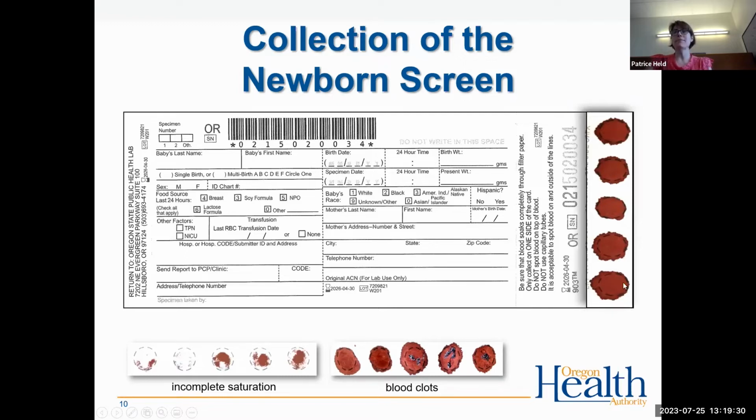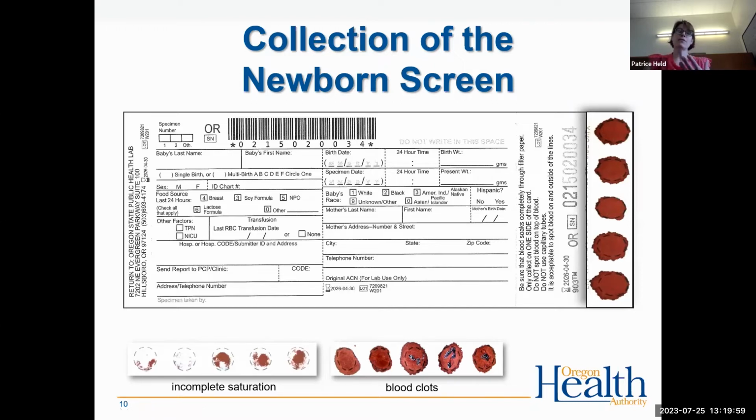And this is an image of what we would say is a high quality or good quality blood collection. Some of the images in the lower portion of this slide represent blood spots with incomplete saturation, so the circle is not completely filled, or images of a specimen with blood clots on it. So it is optimal to have a good quality specimen in order to have a good quality result.